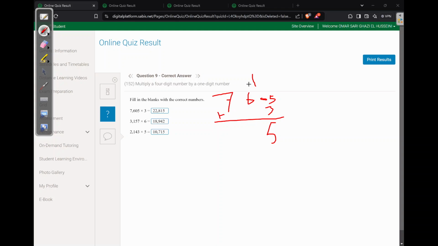Okay, 3 times 0 equals 0. We add that 1. And 3 times 6 equals 18. 8 down, 1 up. 3 times 7 equals 21. Okay, now it's 22,815.